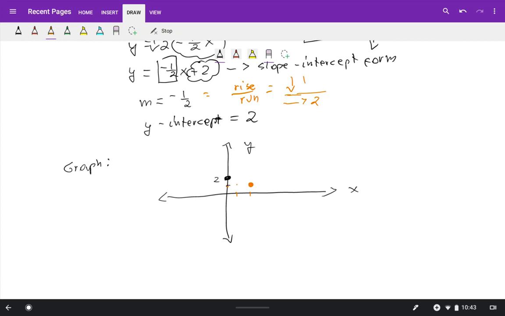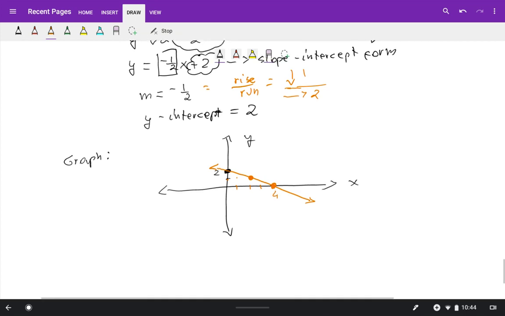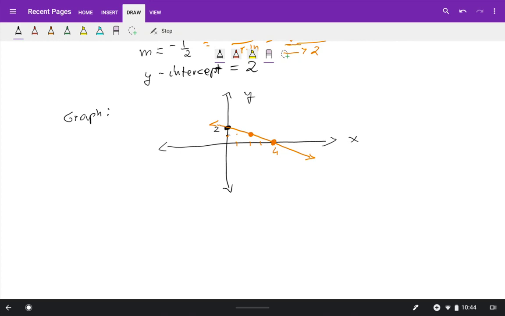Go down 1 unit and 2 to the right again, so I have 3 points. You can connect them, and that's the equation of our straight line. If you have graph paper, you can easily see that the coordinate of this point is 2, 1, and the coordinate of this point is 4, 0.